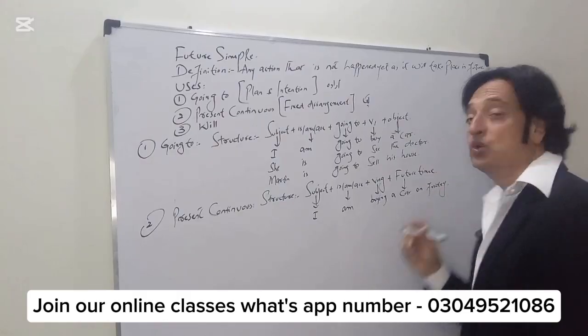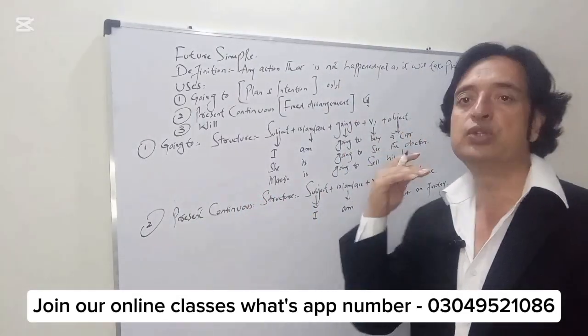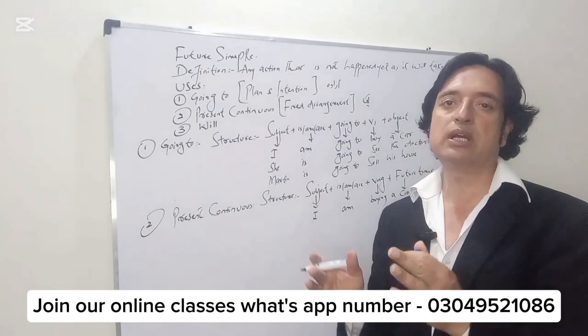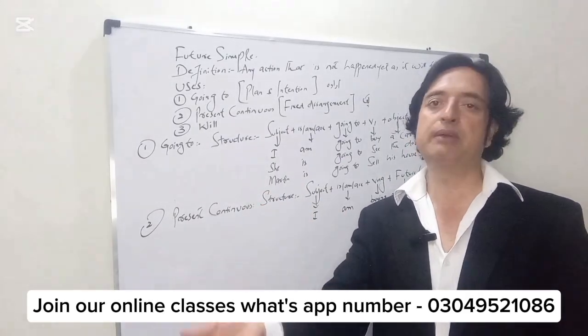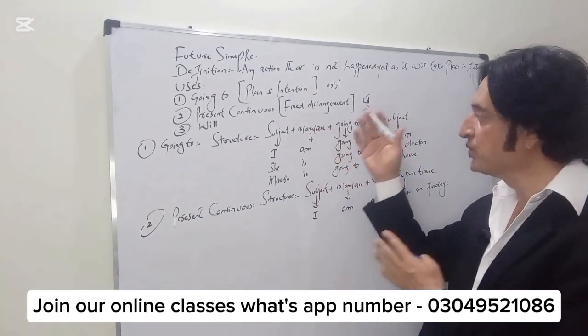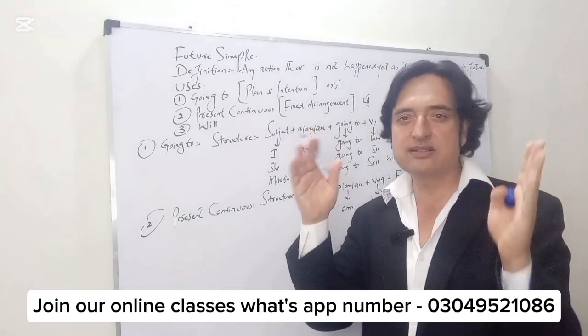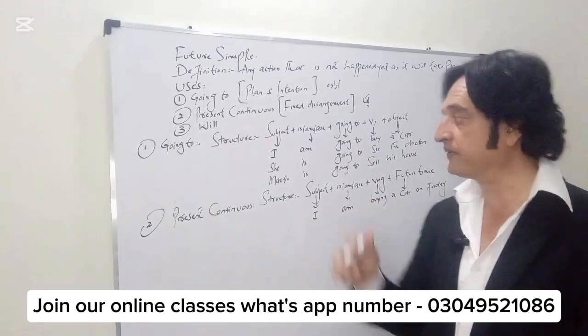So it means you are sure, because you are saying on Friday, it means you already did some down payment, you have chosen the car, you need to go to the showroom on Friday and do the remaining payment and take your car. You see the difference? Here in going to, this is just intentions, you have plans, but here you are sure, you are certain. This is the difference.